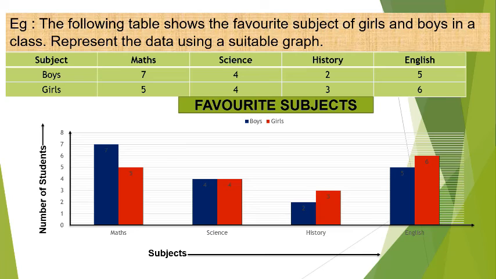For English now, 5 boys liked English, so blue color bar is drawn till number 5 and 6 girls liked English, so red color bar is drawn till number 6. Now we see that again all the bars are of equal size and are at equal distance. Hence our double bar graph is drawn.